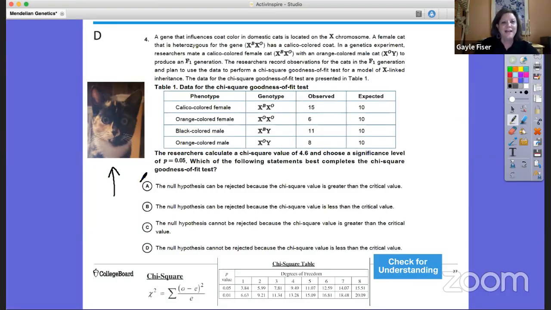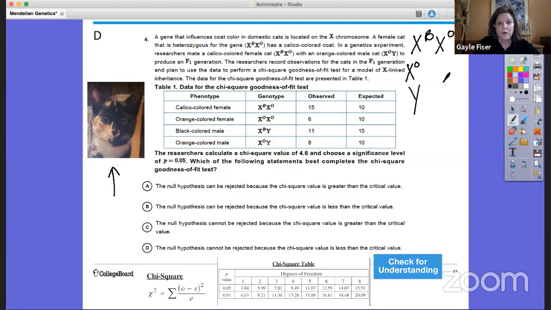All right, a gene that influences coat color in domestic cats is located on the X chromosome. A female cat that is heterozygous for the gene, so this is what a calico looks like, has a calico colored coat. In a genetics experiment, researchers mated a calico colored female with an orange colored male to produce an F1 generation.